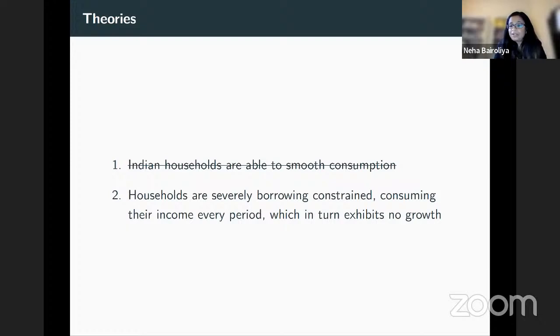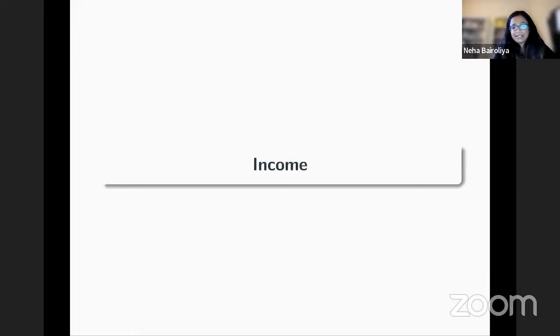Well, the interesting thing here is we can test this in the data because we have income information for the household, and not just for the household, but also for every member of the household, which we can use later for further robustness checks. So let's look at the income and let's see what's going on.